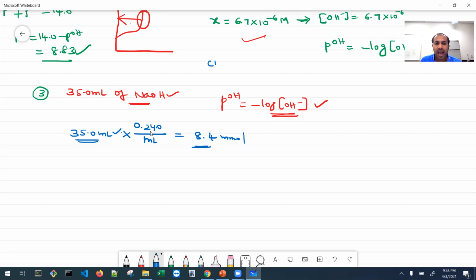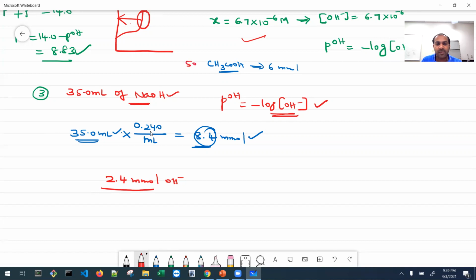If you remember the acid amount, it was 6 millimoles. So out of this 8.4, 6 will react with the acid, and the excess is going to be 2.4 millimoles in that flask. So that 2.4 millimoles of OH minus is divided by the total volume.